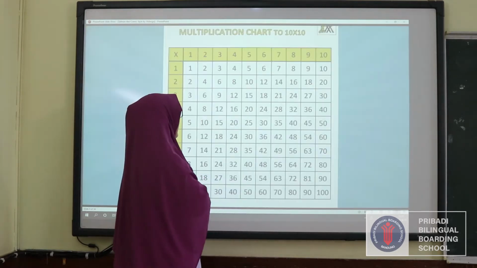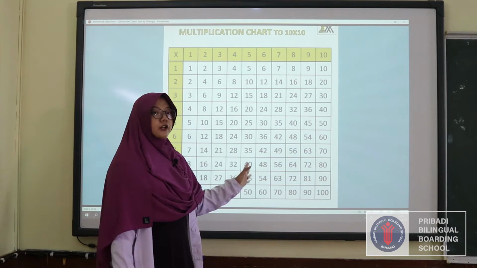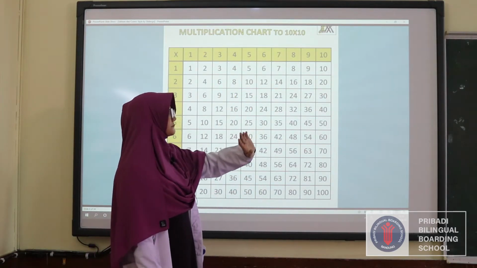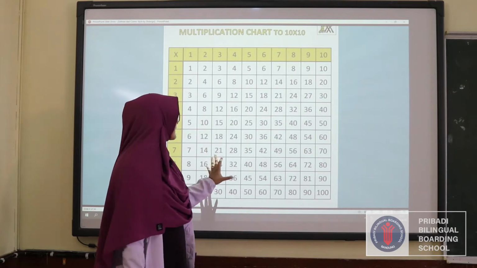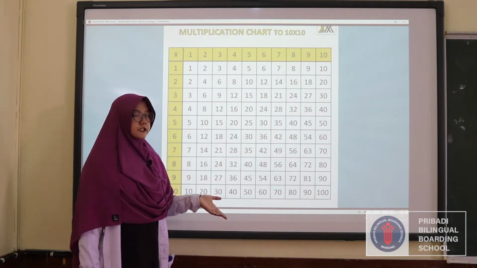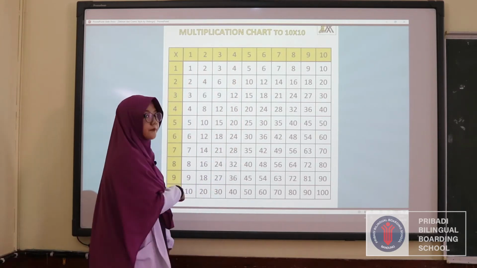So here I have a chart for you. This one is called a multiplication chart from 10 to 10. How to read it? This one is very helpful for us to do multiplication. For example, here this one is the row, this one is the column, right?